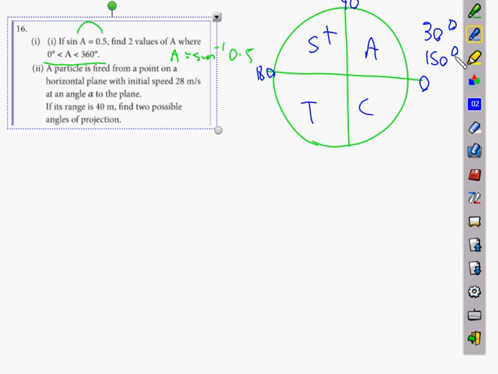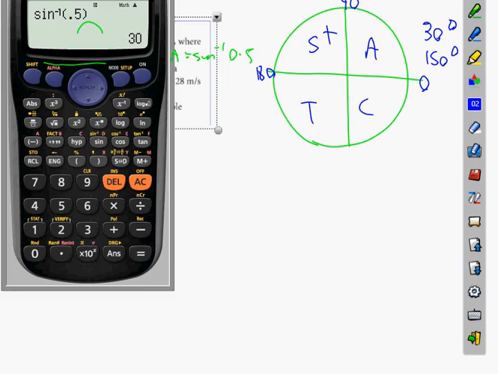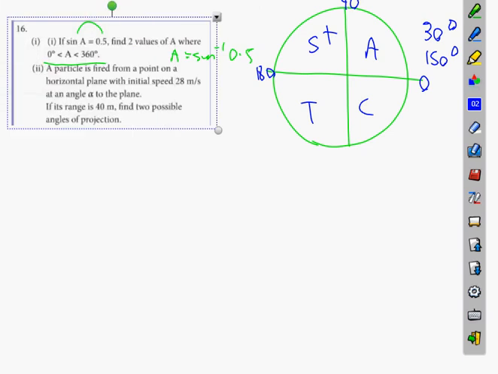You're going to go through this in great detail in your higher level class anyway. So long story short, if I put in an angle of 30, I get an answer of a half. If I put in an angle of 150, I also get a half. So there's two possible answers for a half, which are 30 and 150.